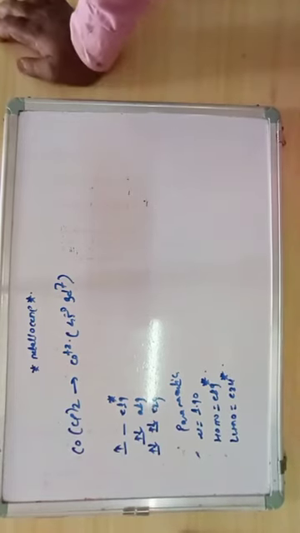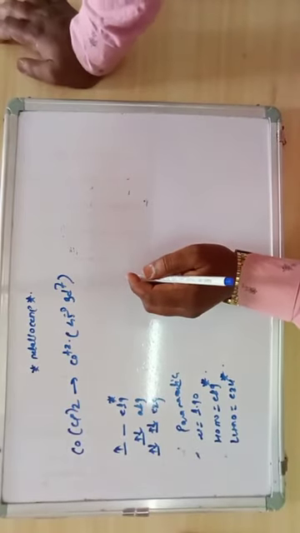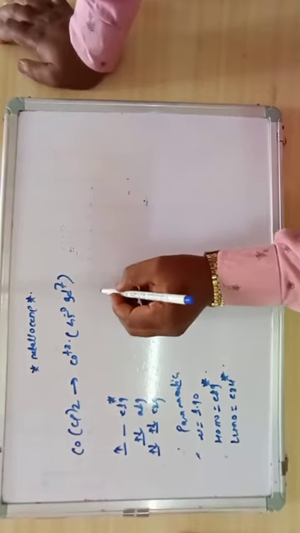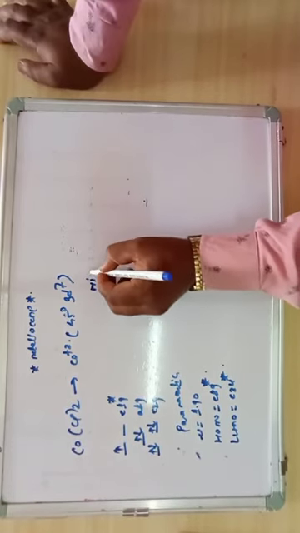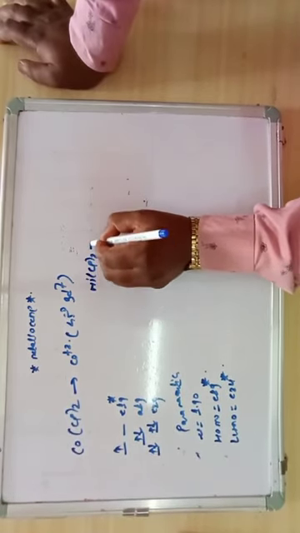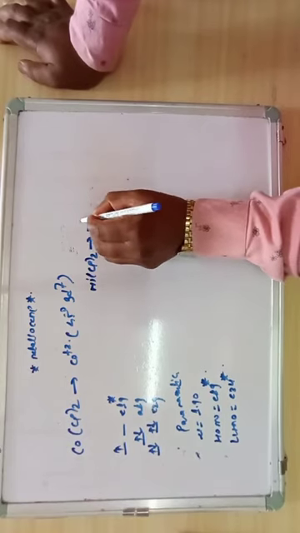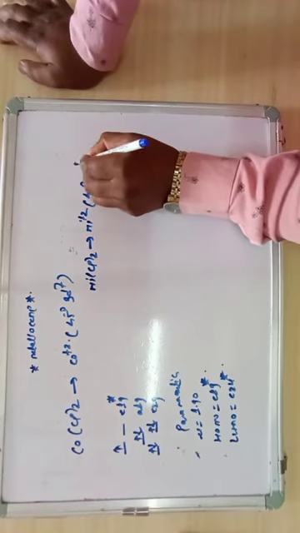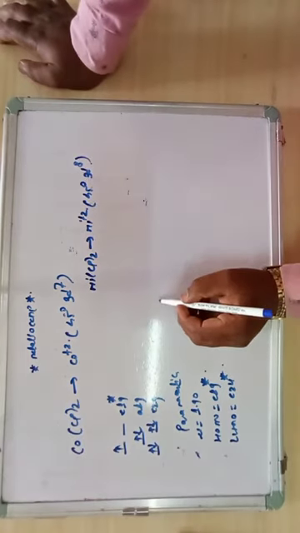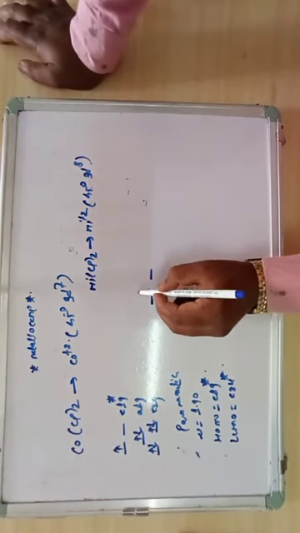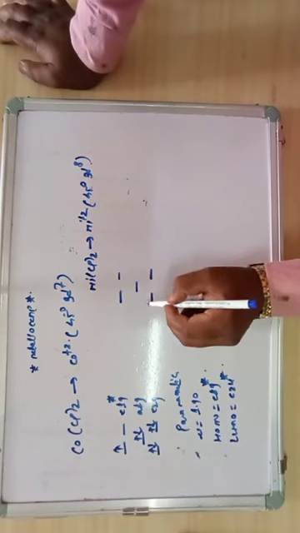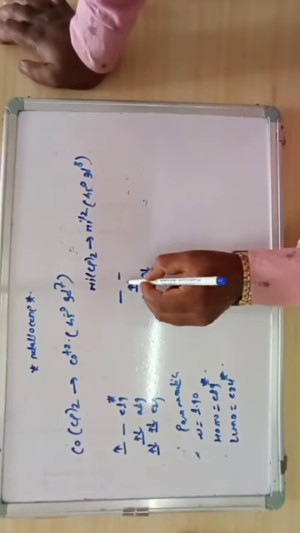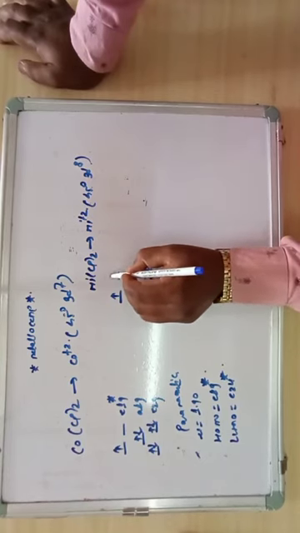Similarly, the next is nickelocene, NiCp2. Again nickel is in +2 oxidation state, so 4s0 3d8 configuration. Again we consider first, second, third, fourth, fifth, sixth, seventh, and eighth.